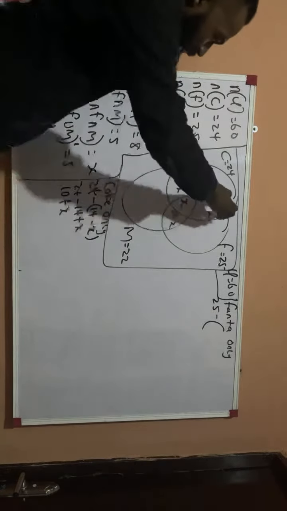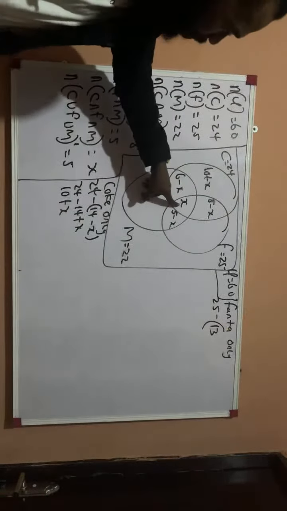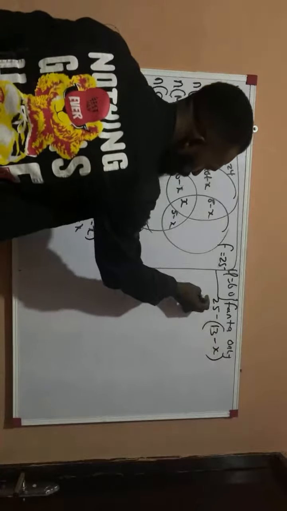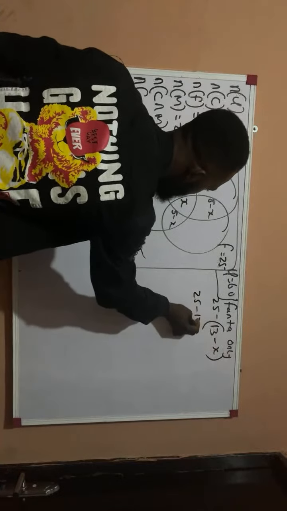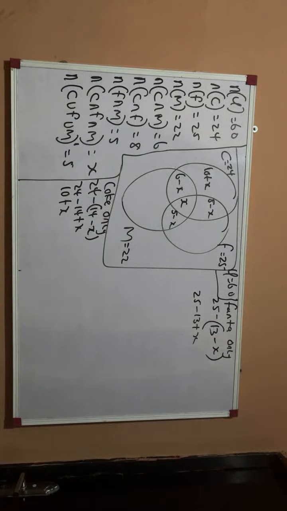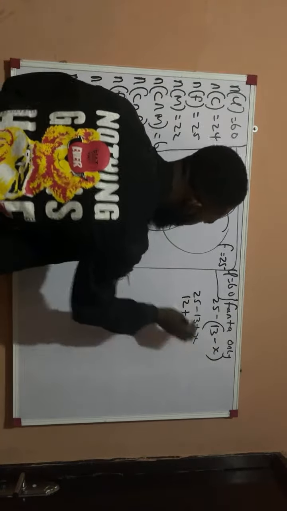When we add the numbers, 8 plus 5 gives us 13. Then minus x plus x is 0. What do I have left here? Minus x. So if we open a bracket, we have 25 minus (13 plus x). Now 25 minus 13 gives us 12, so here it becomes 12 plus x.